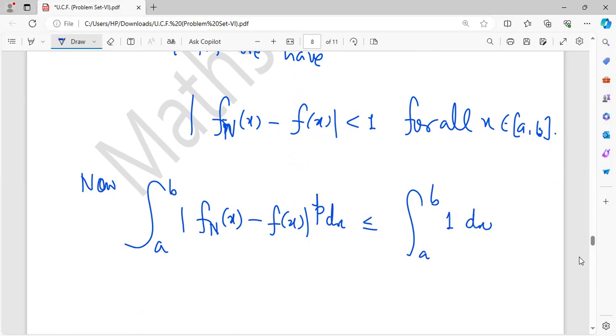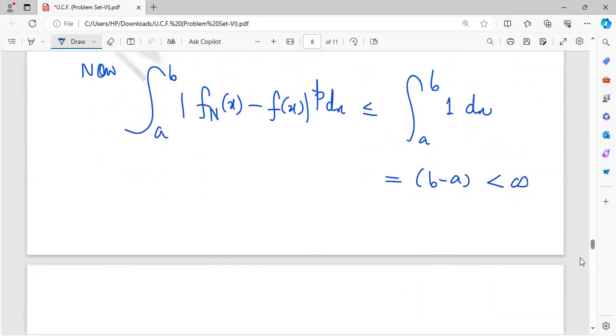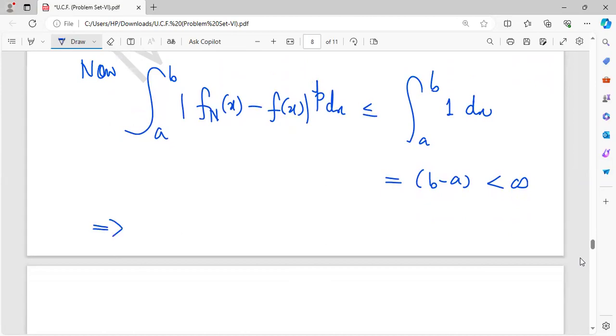So what is this? This is B minus A. That is finite. This implies Fn minus F belongs to LP.